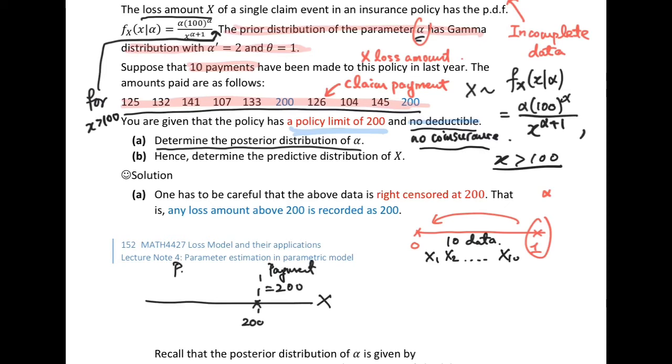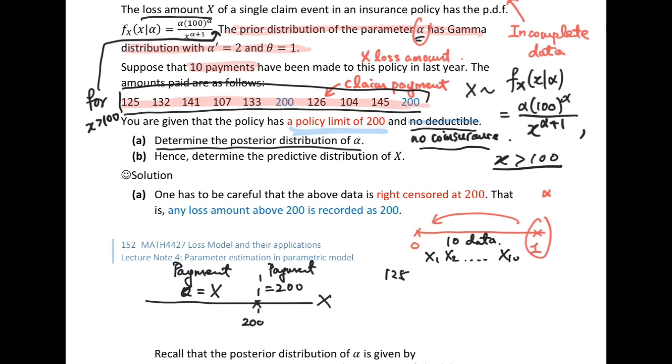Otherwise, if the loss amount is less than 200, then your payment will be just equal to S, isn't it? Here, with low deductible and low co-insurance, the loss amount is just equal to the claim payment. Given this relation, you can now get the corresponding loss amount from the claim payment.